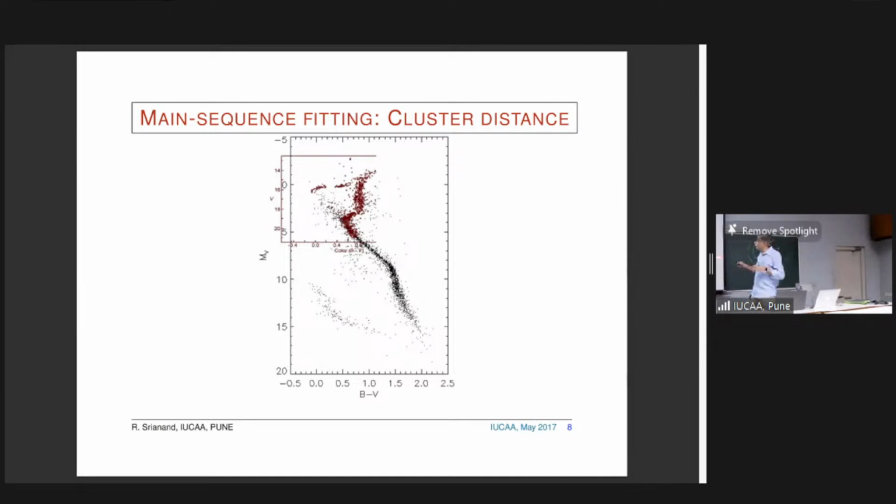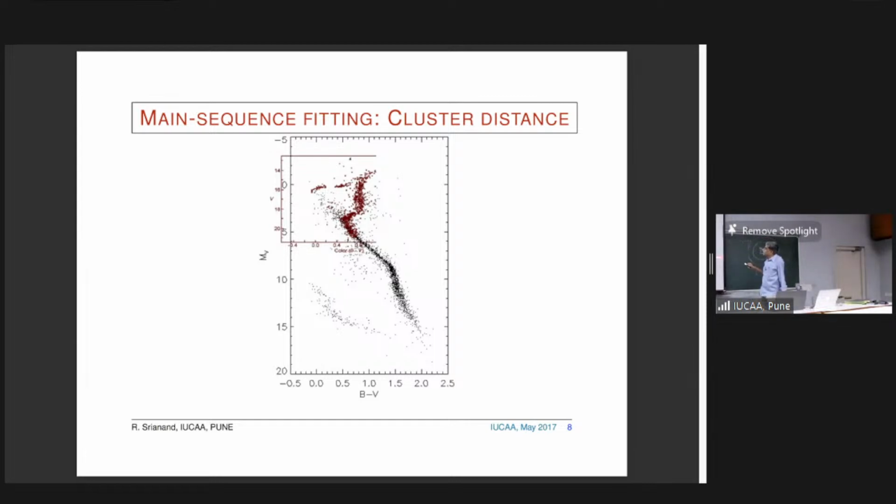Once you go there, you deviate from this line. That is the first thing you have to remember. This is the line where stars are placed when they are doing hydrogen burning. When the hydrogen burning stops, they move away from this. How they move away, I will not explain; that's not important for what we are doing.